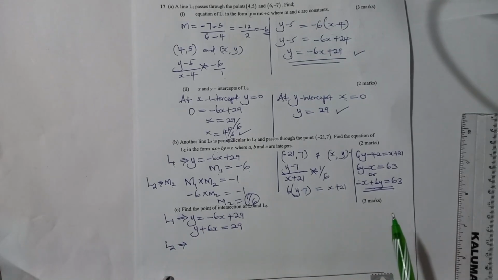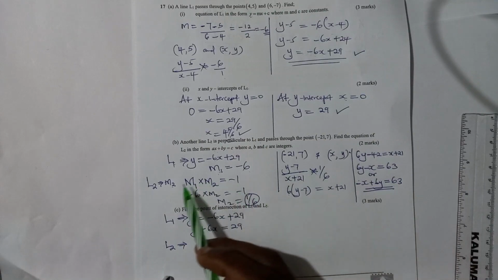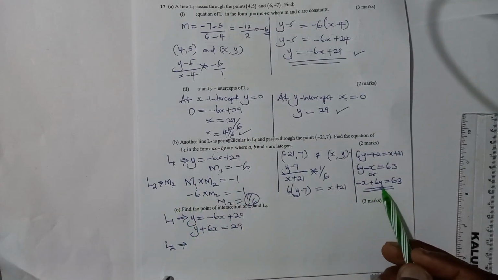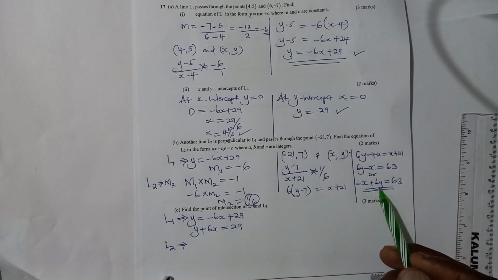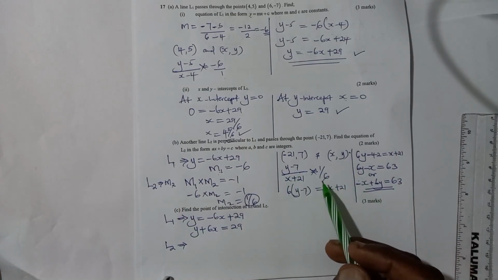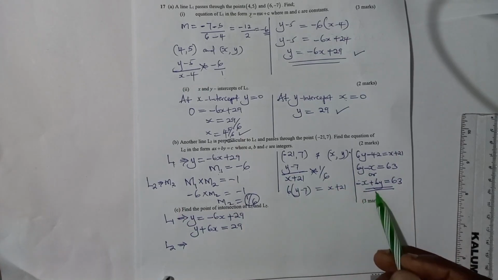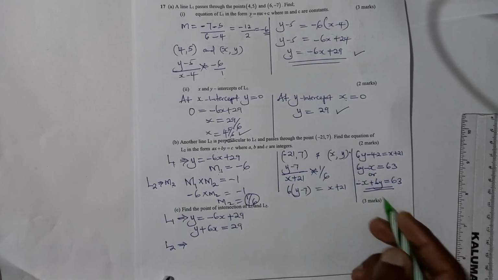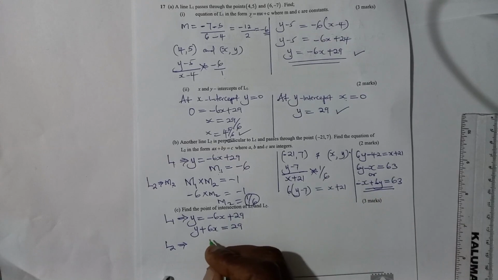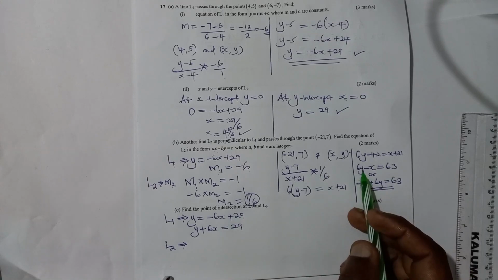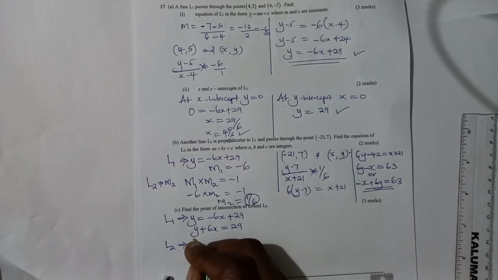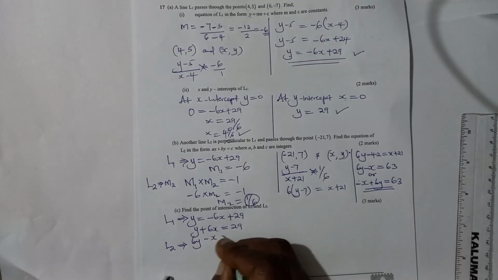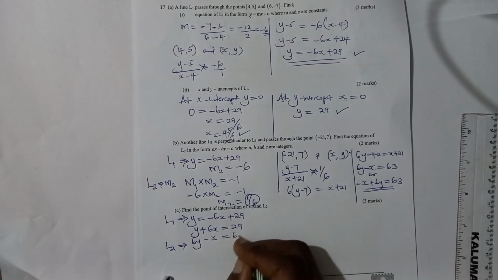For L2, we just got the equation of L2. So negative x, I can use this one so that they can match: 6y minus x is equal to 63.